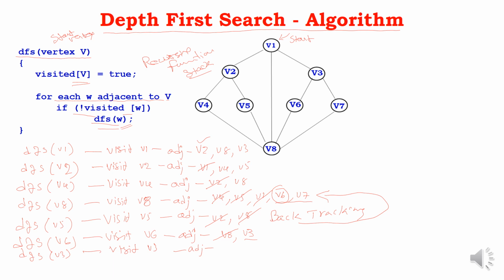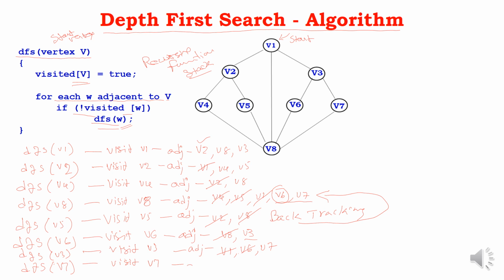Adjacent of V3 are V1, V6, and V7. We need to find unvisited vertices. V1 is visited already, V6 already visited. So the unvisited vertex is V7. We call DFS V7, and it visits V7.